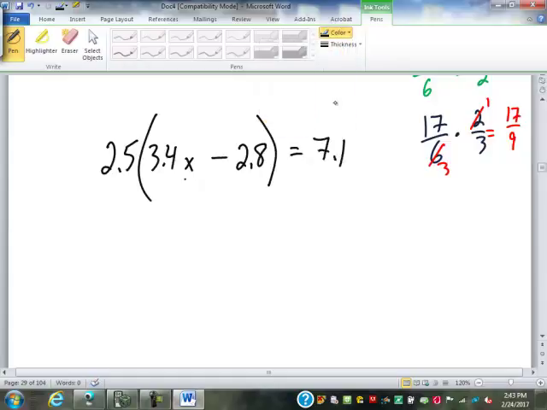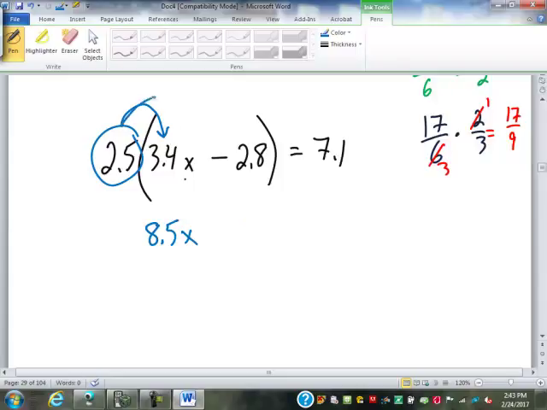So here, what do we have to do? I heard somebody say it already. We have to multiply by the 2.5. Good. 3.4x times 2.5 is 8.5x.